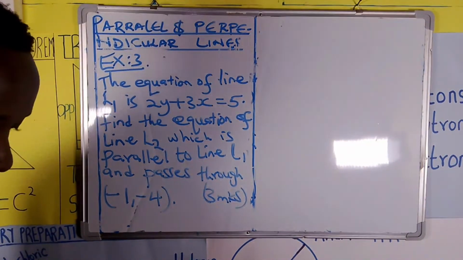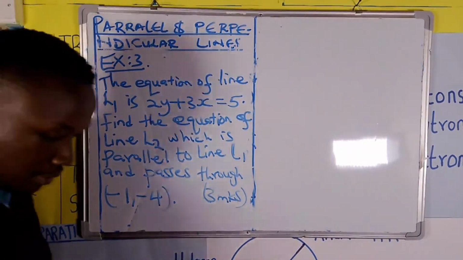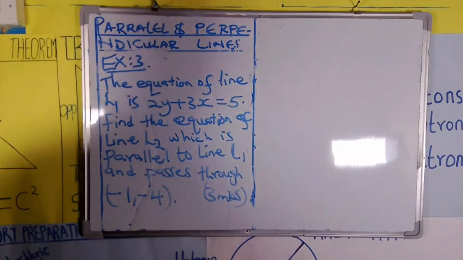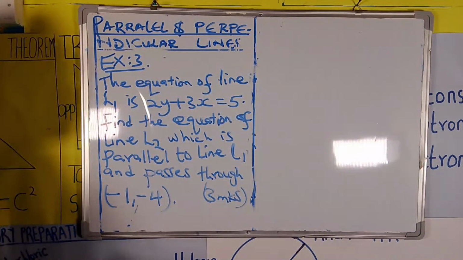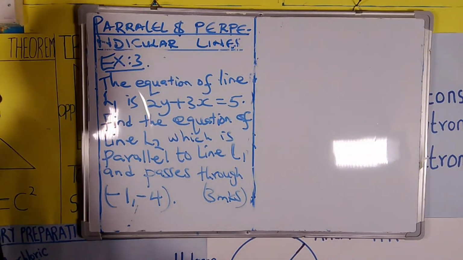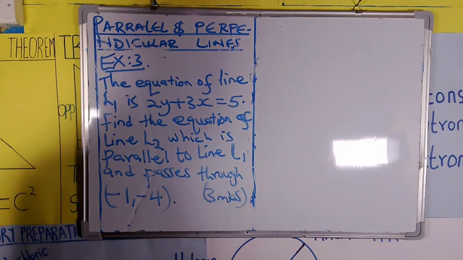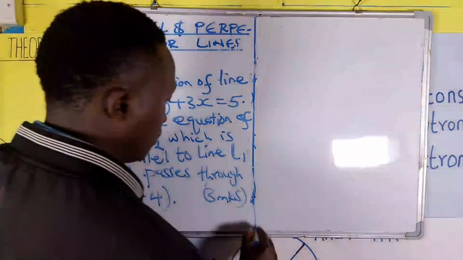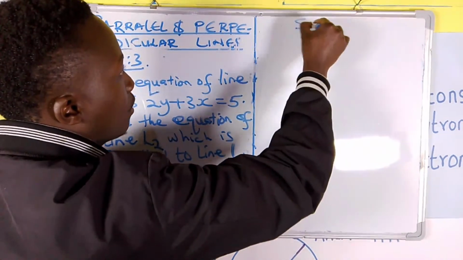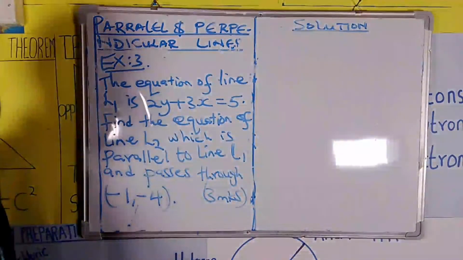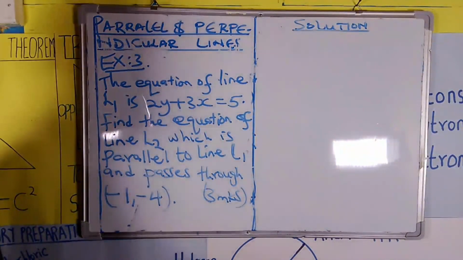So let us answer this question. We have been told the equation of line 1 is 2y plus 3x is equal to 5. So we are now on the solution.